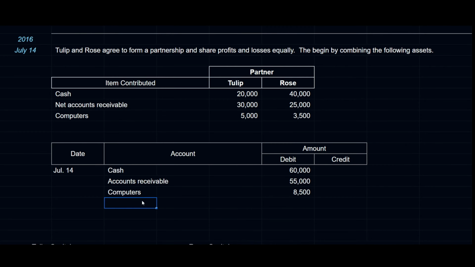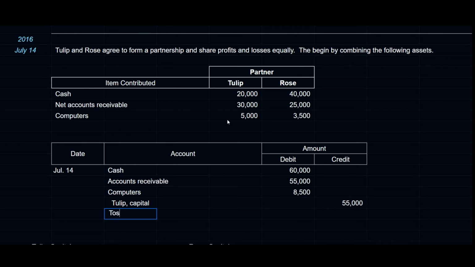Now, we should be crediting each partner's capital account. Tulip, capital, for the total of Tulip's contributions, which was $20,000 plus $30,000 plus $5,000, which is $55,000.